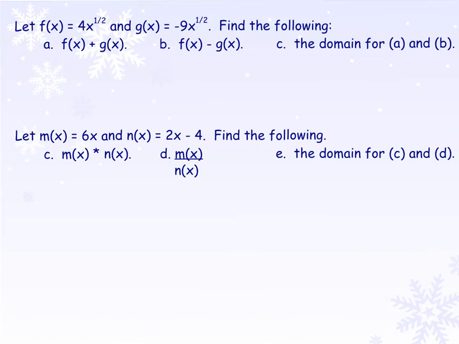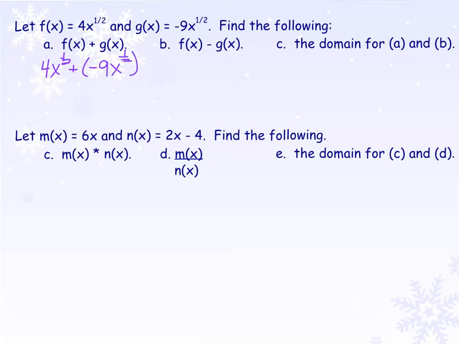It says, let f of x equal 4x to the 1/2 and g of x equal negative 9x to the 1/2. Find the following. We start off with addition, f of x plus g of x. If we take 4x to the 1/2 plus negative 9x to the 1/2, we first have to decide, do we have like terms?